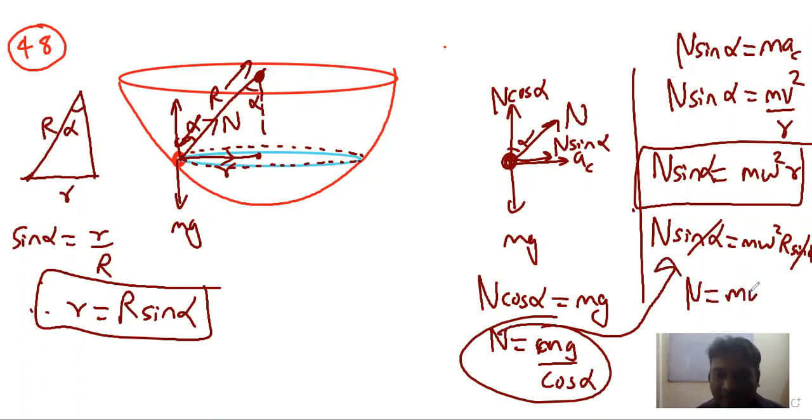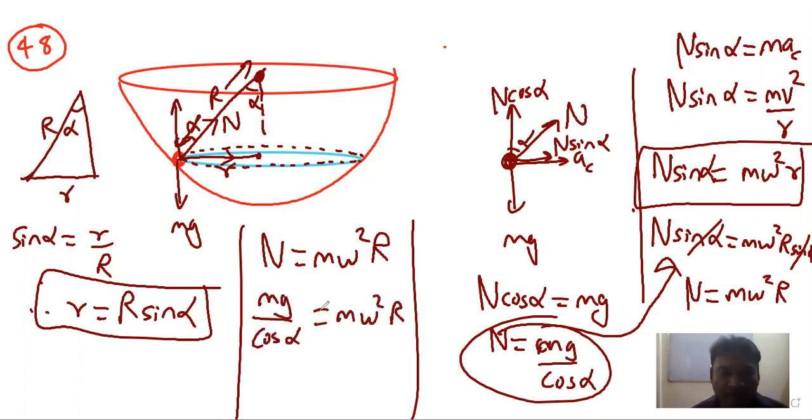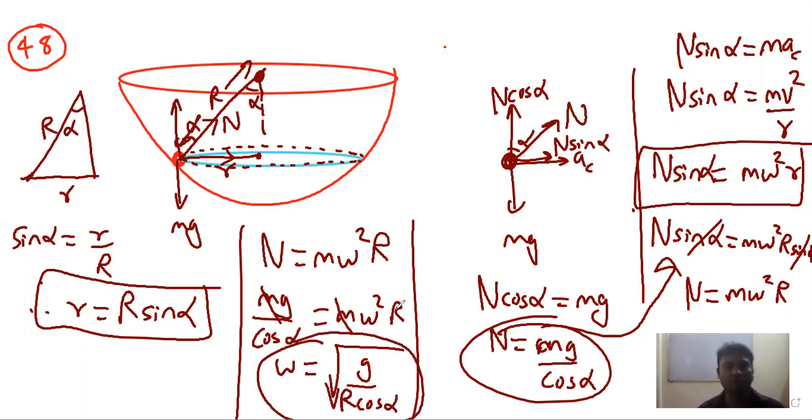So N is m omega square r becomes mg upon cos alpha is m omega square r. M cancels. So omega will come out to be root of g upon R cos alpha. So this is the value of omega. So this is the final answer to this question.